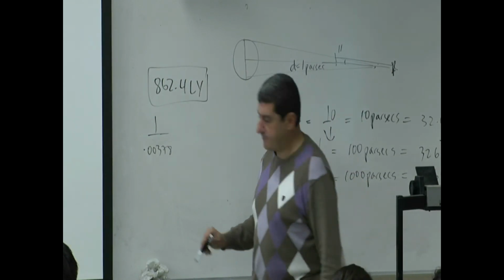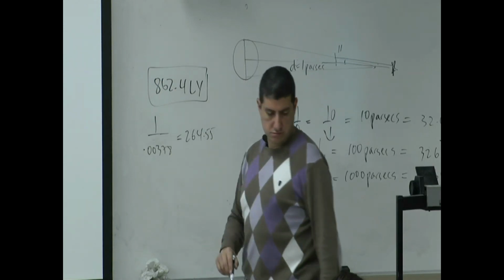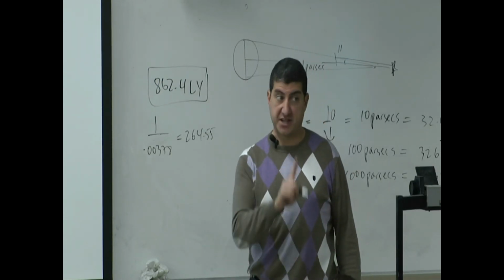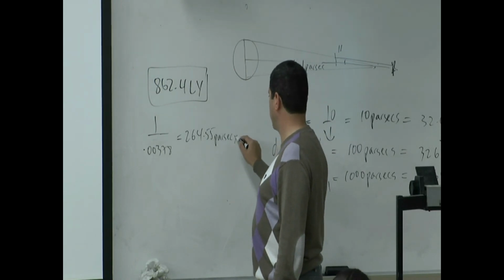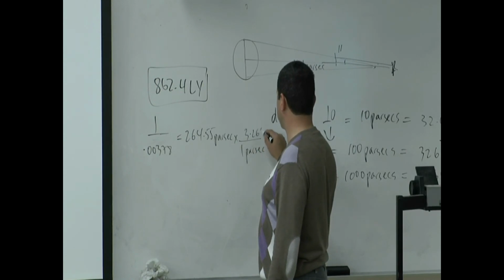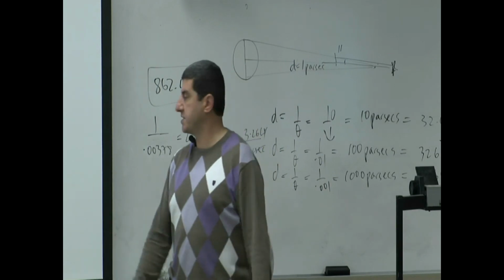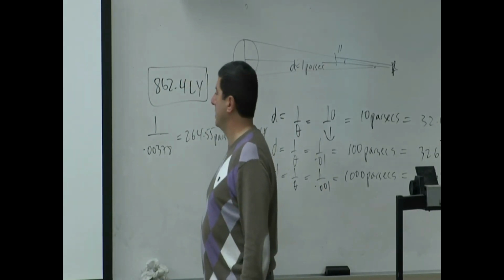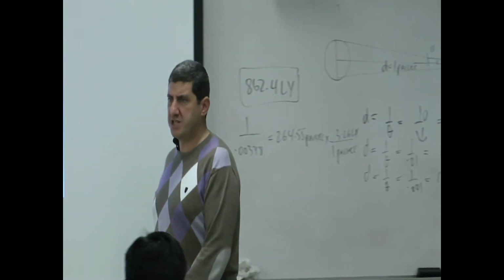And I got 264. That's in units of parsecs. And then you multiply this by what? 1 parsec is 3.26 light years. And then it gives me 862.4. And we could probably use this technique up to those distances, you know.